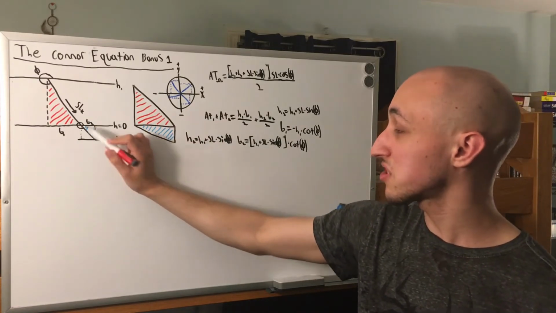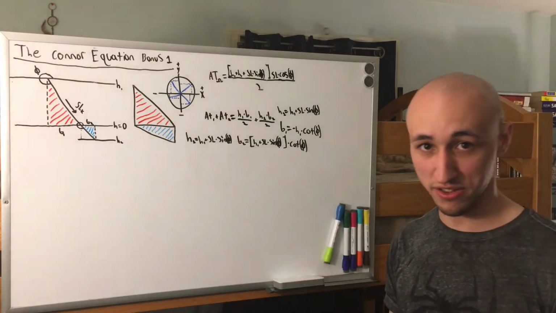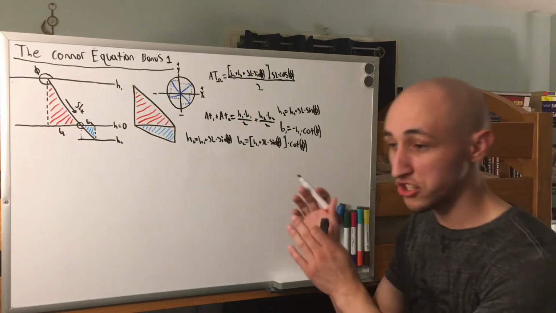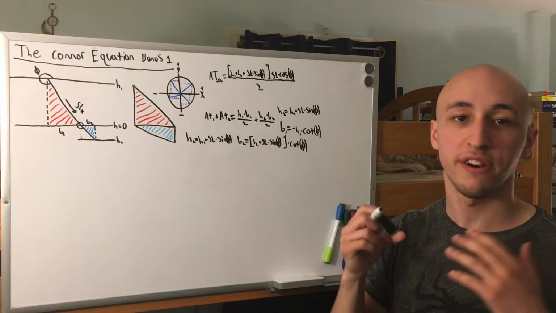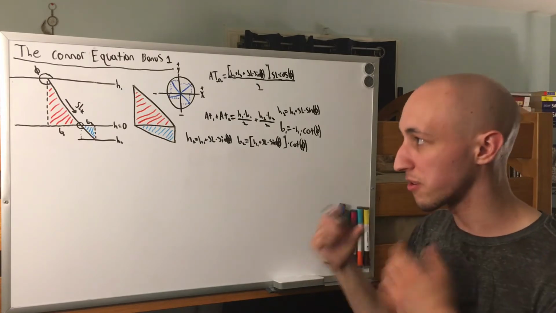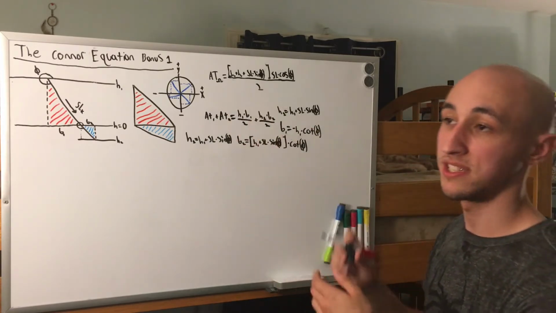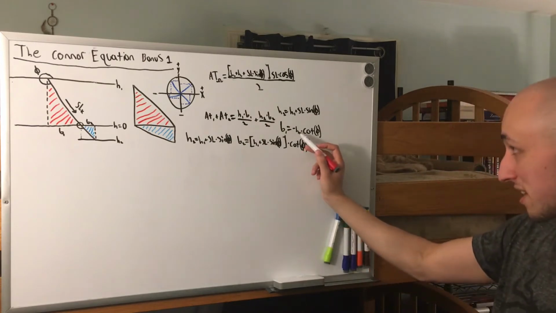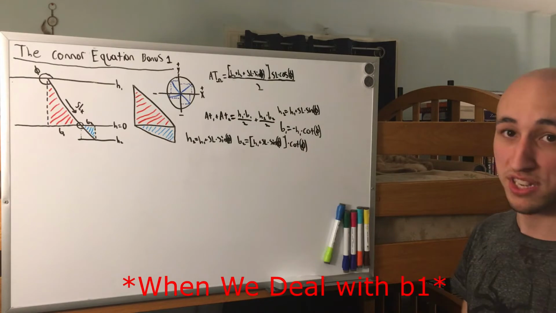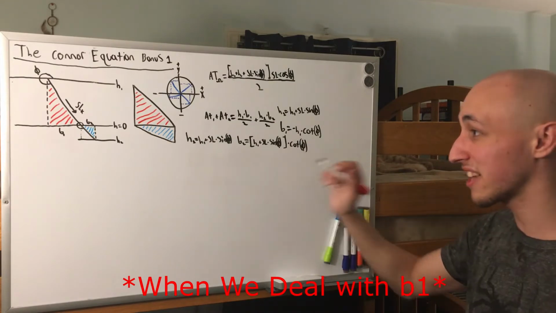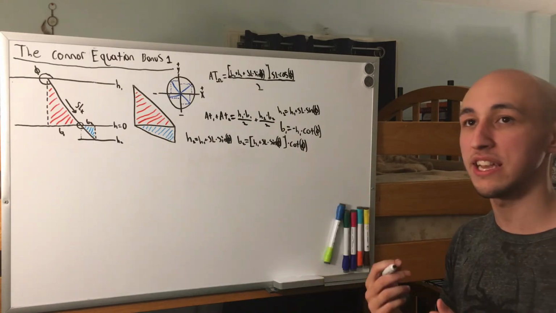In this case, H2 would be a negative value. H2 does not conflict with the cotangent of phi in the equation based on how it is set up. We do have to add a negative to H1 when we're dealing with cotangent, but that is not the case with H2, because it already jives well.